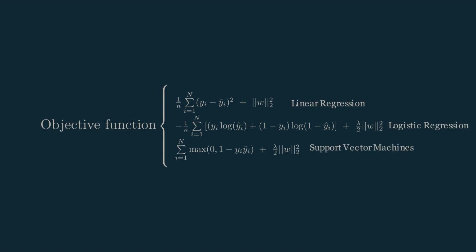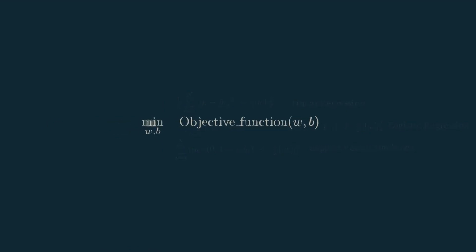But as I mentioned, we usually add to them a regularization term to formulate the final objective function of the model. And generally speaking, in the supervised learning framework, the objective function depends on the values of the weights and biases. So the goal would be to find the optimal values for these weights and biases to minimize our loss function or our objective function.